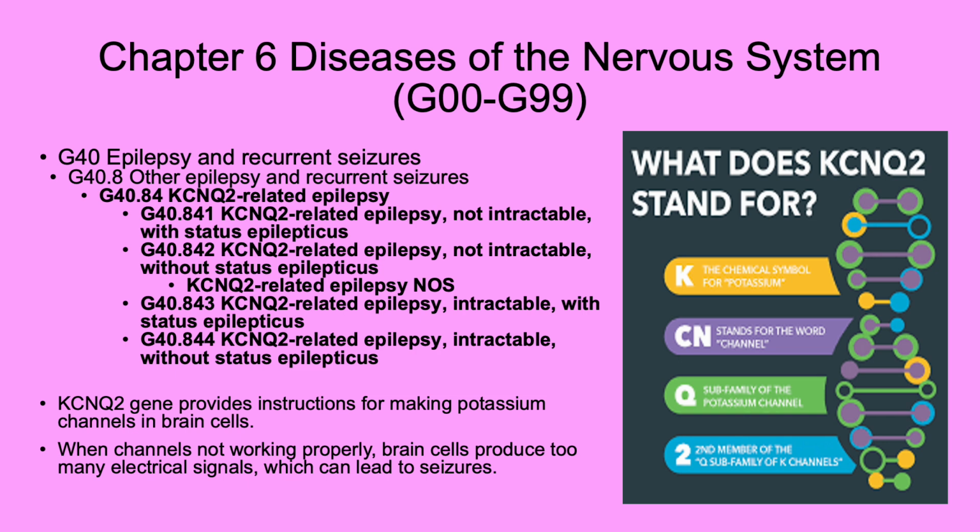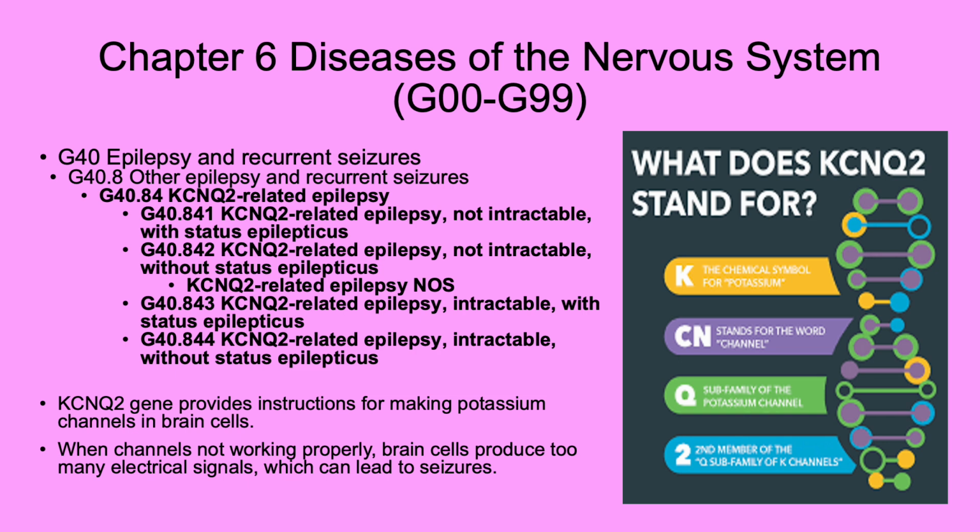Okay, moving on to chapter 6. So a new code under other epilepsy and recurrent seizures. G40.84, KCNQ2 related epilepsy. This is a gene that provides instructions for making potassium channels in the brain cells.